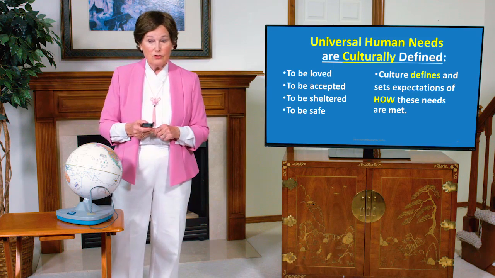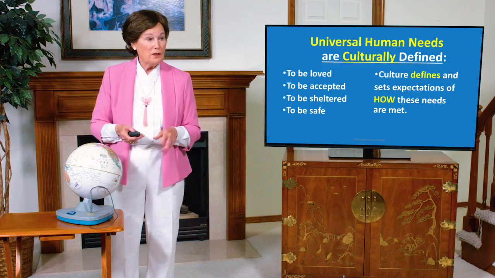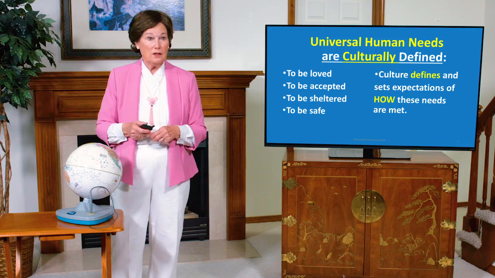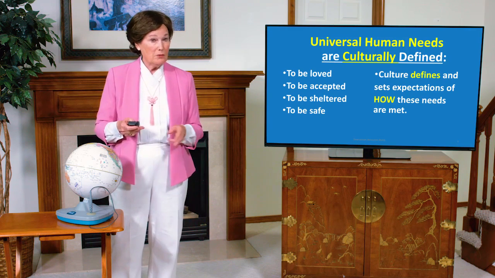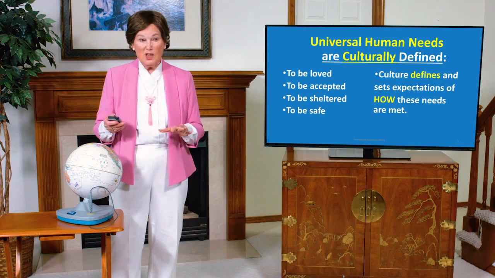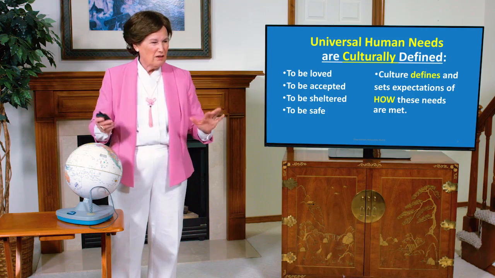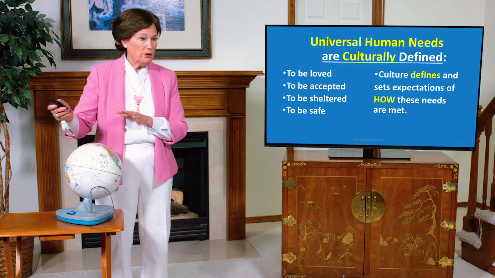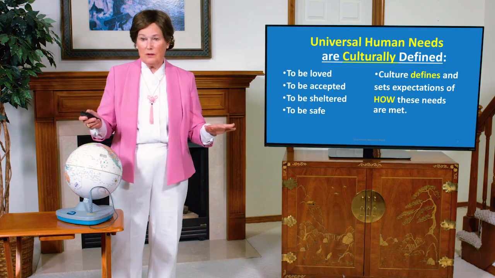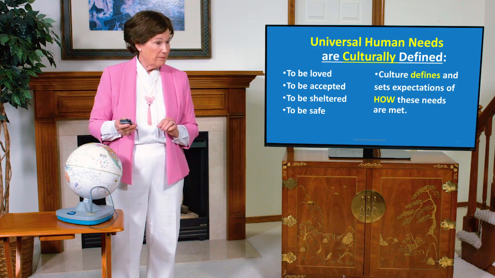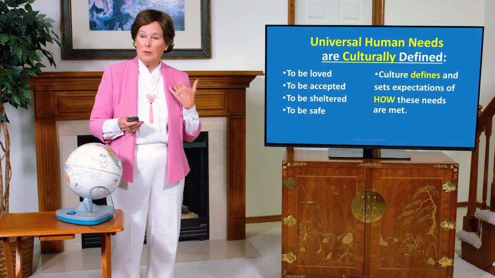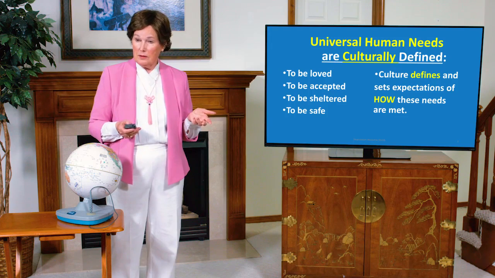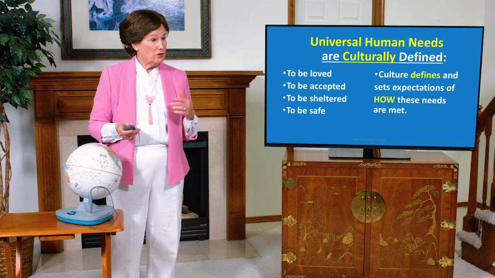Now, today's social media phenomenon has really undermined some of these questions, especially for kids and teenagers who spend too much time on social media because of bullying and just ugly stuff. They lose their sense of who they are, and they can really blur reality with internet stuff. So we want to know, am I loved? If not, why not? Am I accepted? Am I sheltered? Am I safe?